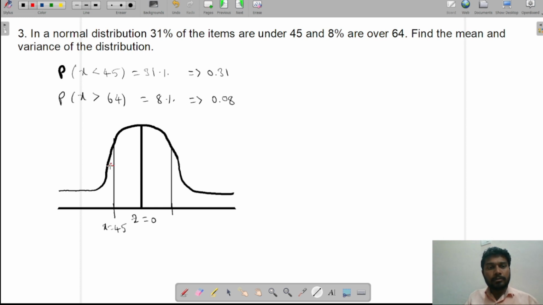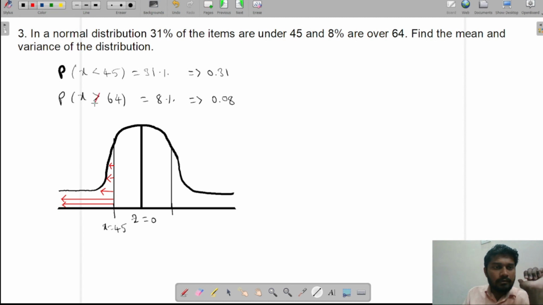I told you, do you remember? I discussed it in the working rule of the normal distribution. Your area is from that line to the left side because of the word less than.